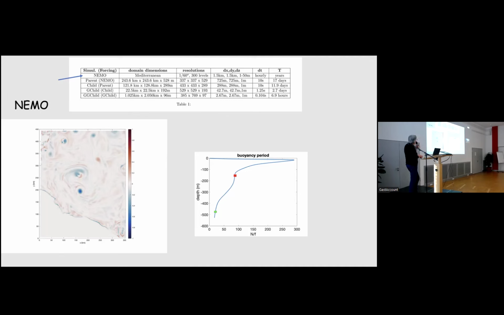One thing you can see is that even with the parent simulation, we're capturing a lot more of the fine scale that was not present in NEMO. The buoyancy frequency profile for the parent run goes all the way down to 500 meters.